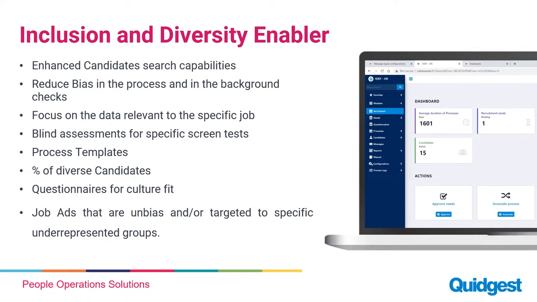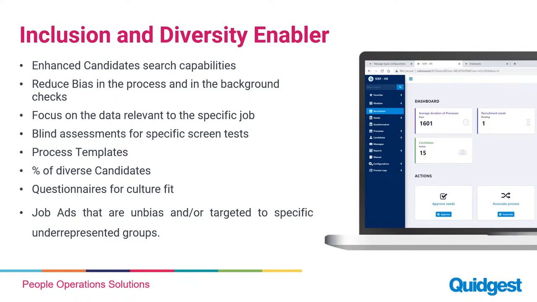If you have a particular recruitment process where you're lacking representation from parts of your community that you think should be in it, that can be a way to search for candidates who have already registered and are already in your database.